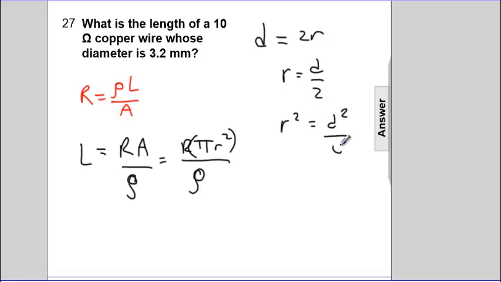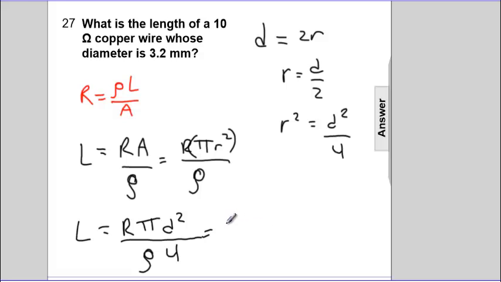Divided by 2 squared is 4 still. So I'll rewrite: length is resistance times pi times r squared. That's d squared divided by the whole shebang, divided by 4. And we still have that resistivity in the denominator.